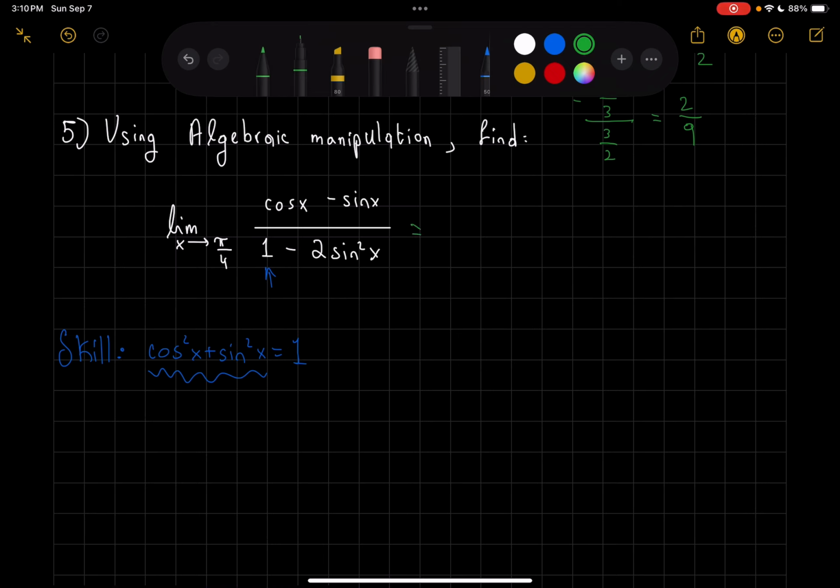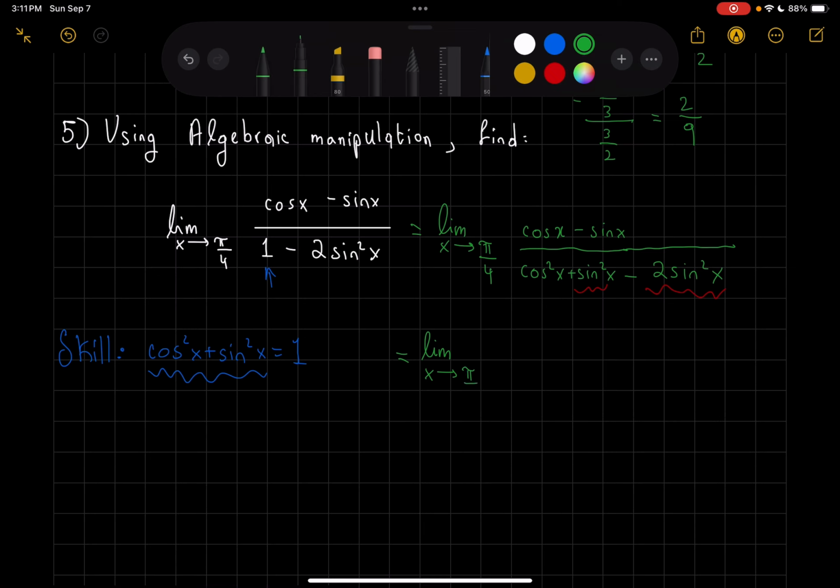So limit as x is going to pi over 4 cosine x minus sine x over cosine squared x plus sine squared x, which is going to take the place of the 1, minus 2 sine squared x. Now, sine squared x minus 2 sine squared x is just going to leave me with 1 sine squared x.